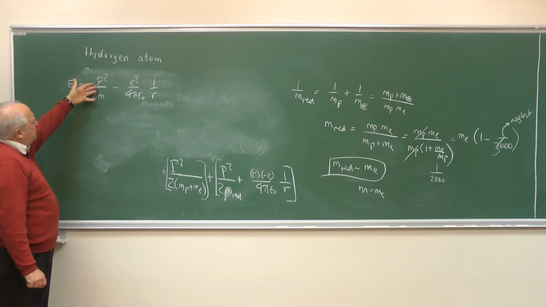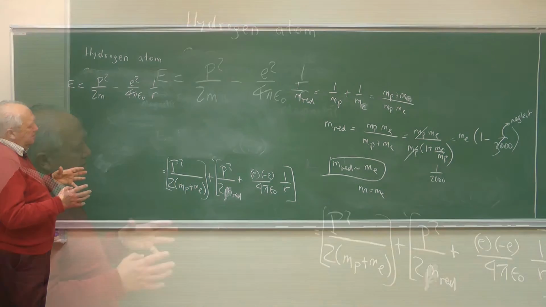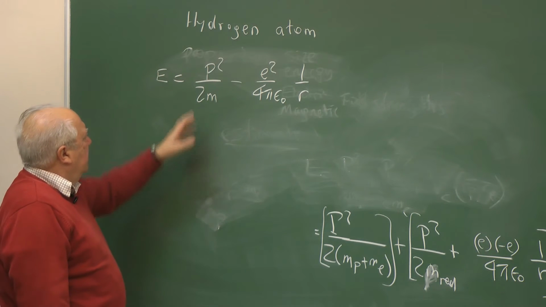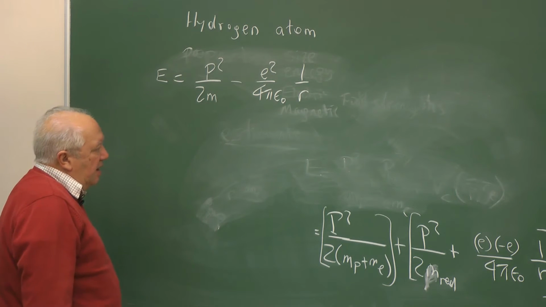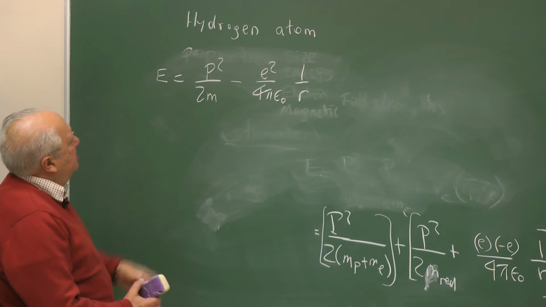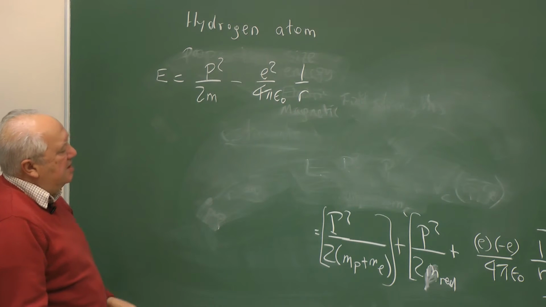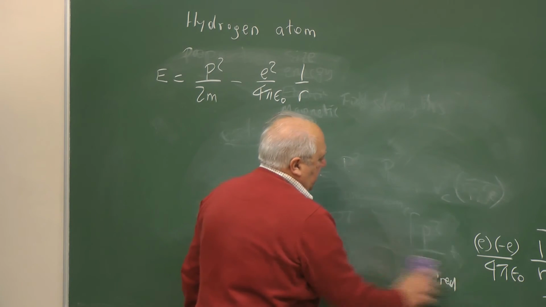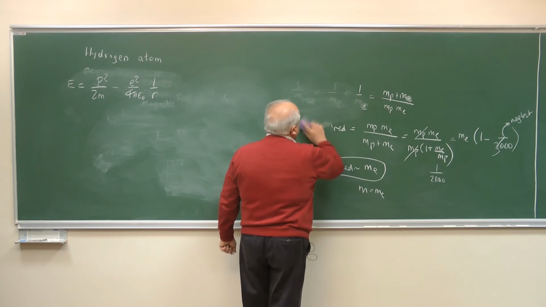So this essentially means that the nucleus is so heavy, so massive compared to the electron, it sits at the center, and the electron is moving about it. All right. So that's the energy, and we'll try to estimate the energies and the size by using the uncertainty principle and the ideas of de Broglie.